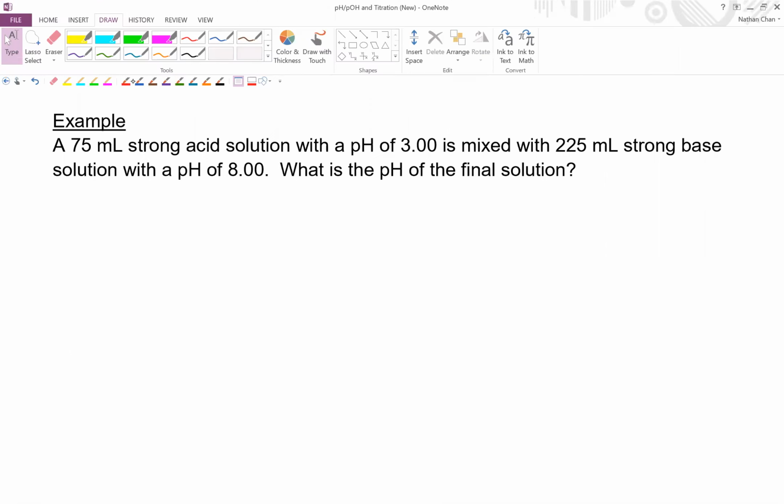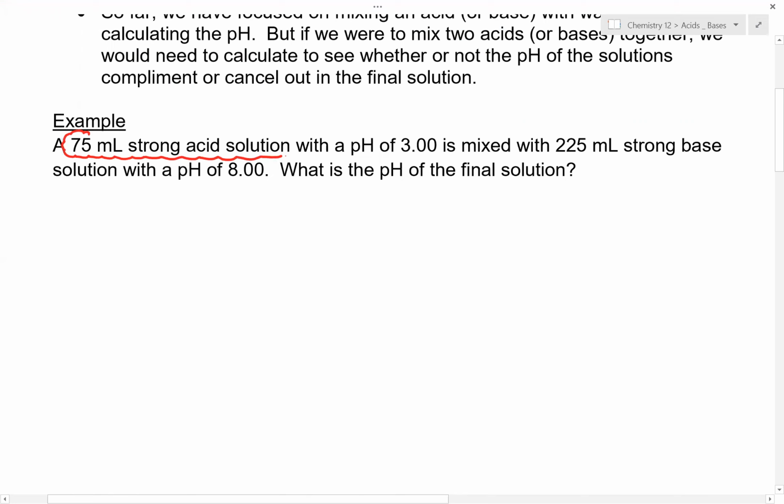For the strong acid, I am just going to circle it in red, just to color code it, and I'm going to call this solution A. And the base here, the 225 mL of solution with a pH of 8.0, I'm going to call solution B.